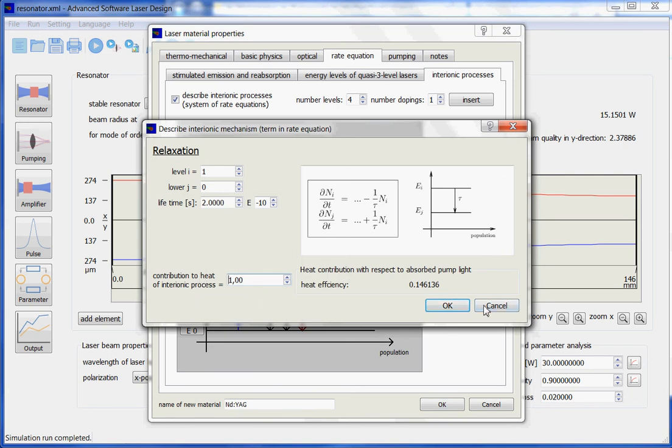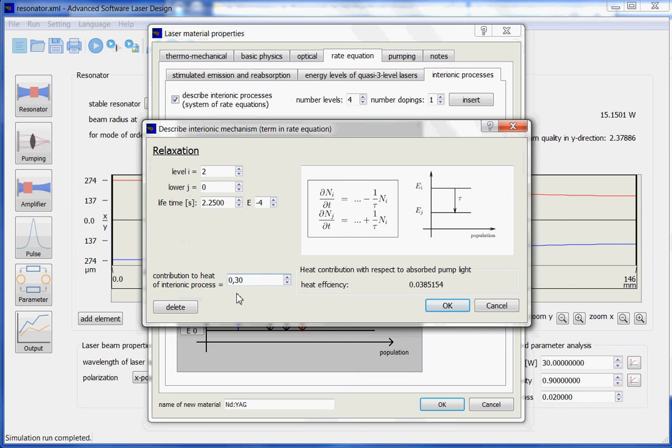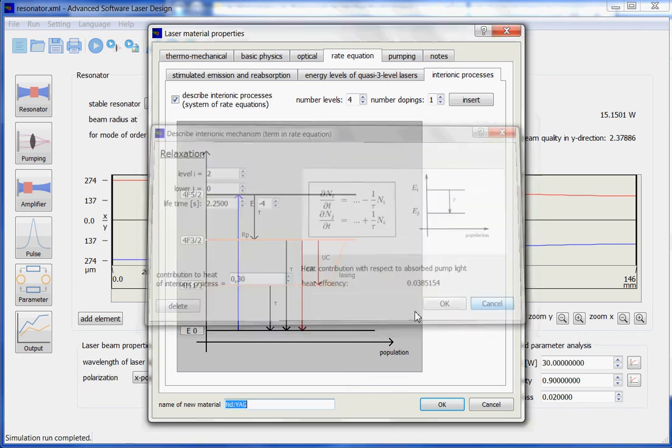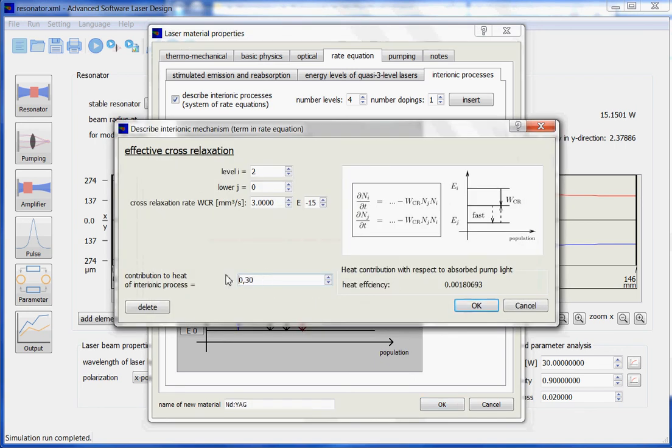Here also we have 100% heat generation, but here for this transition, for example, we assume that only 30% of the energy goes to heat. Maybe the other 70% go to radiation. Such parameters you can also get for a cross-relaxation here, and you again see the heat contribution for this transition.